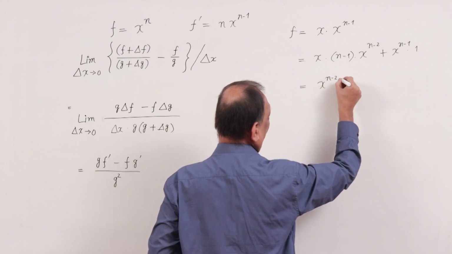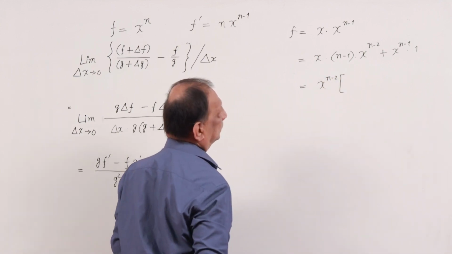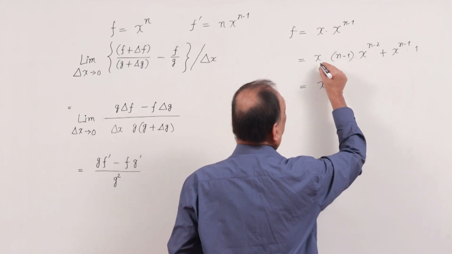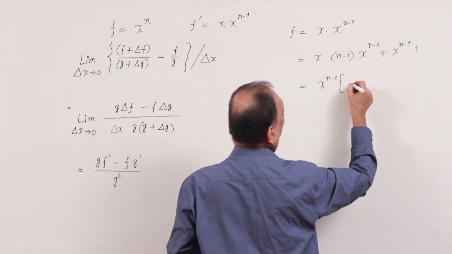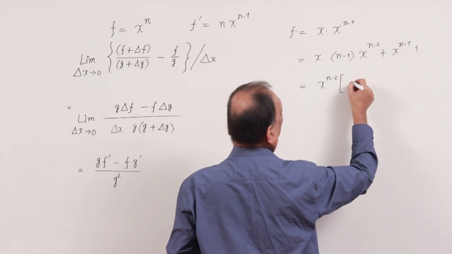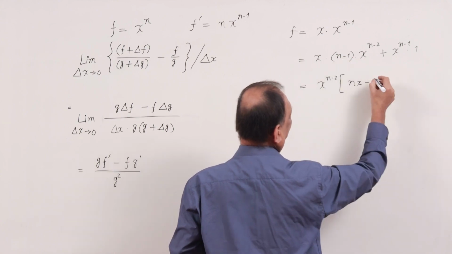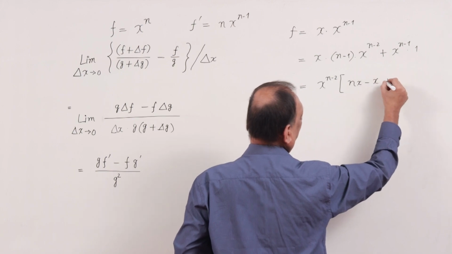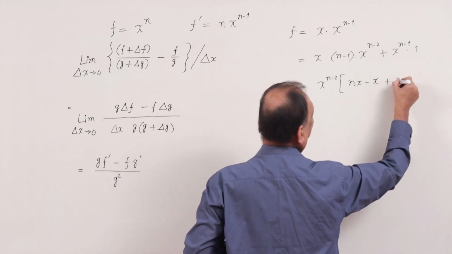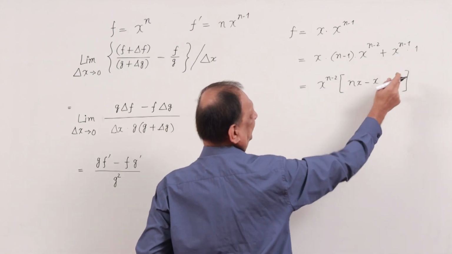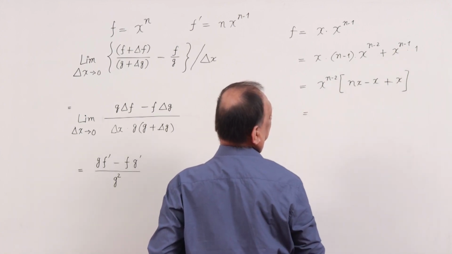It would be n x minus x plus x. This is x power n minus 1, one extra power, so plus x.